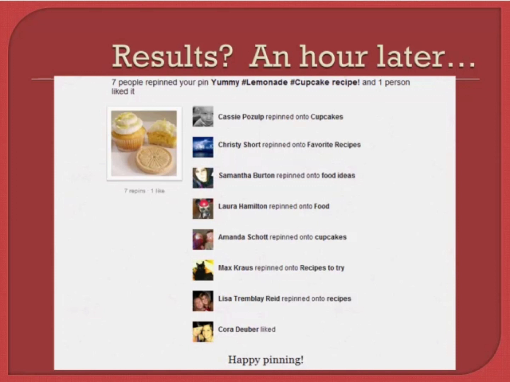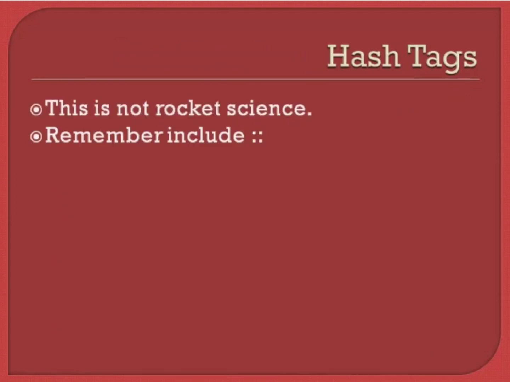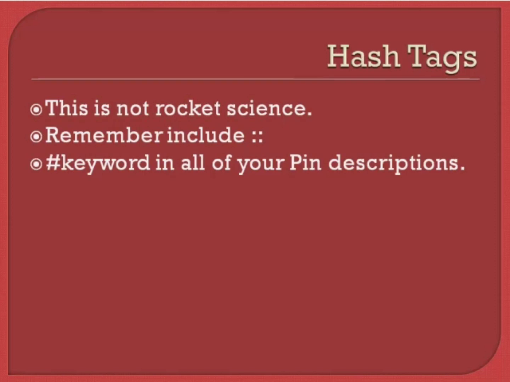It's not like I did anything. All I did was put up a pin of a picture and target it. So as you can see, it's very, very powerful to use hashtags. This is not rocket science. So remember, include a hashtag keyword in all of your pin descriptions, even the ones that you repin.